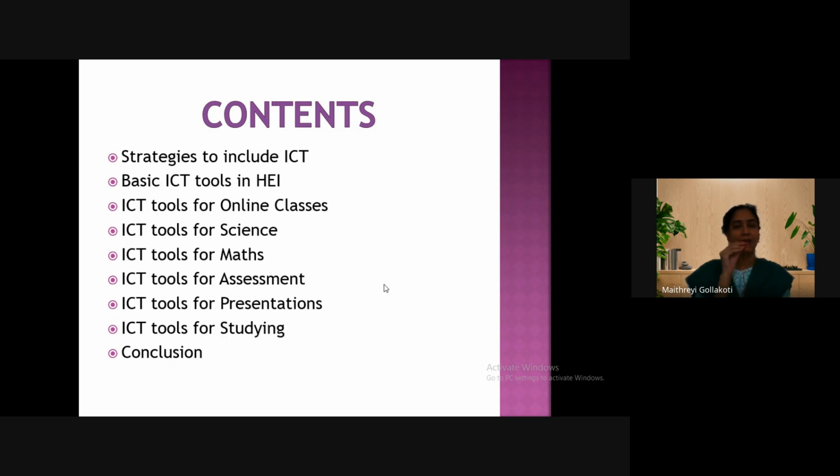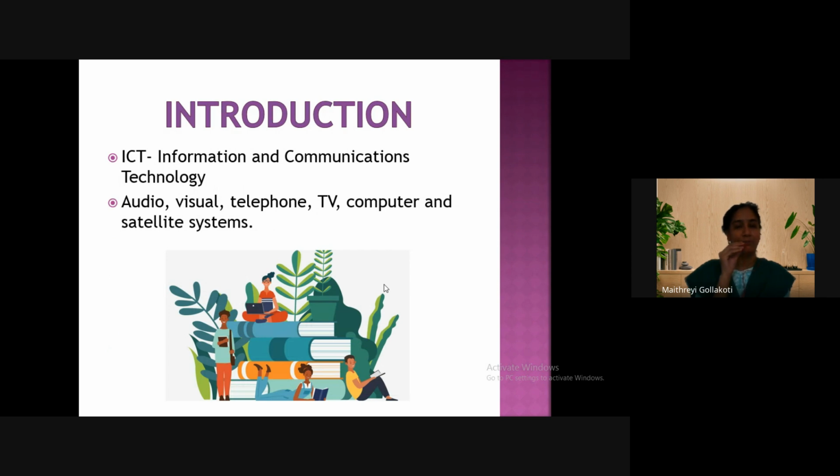Strategies to include ICT, basic ICT tools, ICT tools for online classes, ICT tools for science, ICT tools for maths, ICT tools for assessment, ICT tools for presentations, ICT tools for studying, and finally, conclusion. Okay? So let us dive into our presentation with introduction.